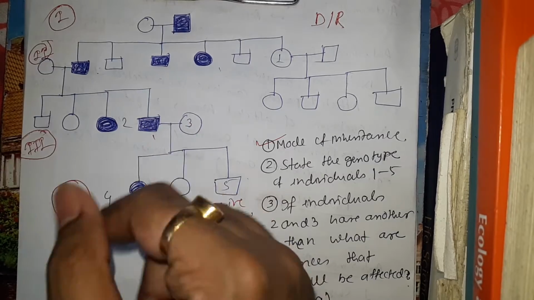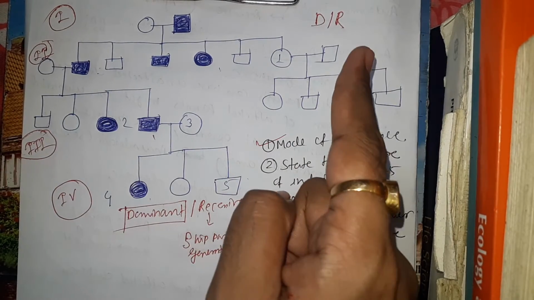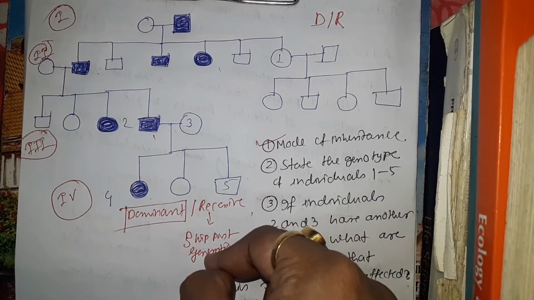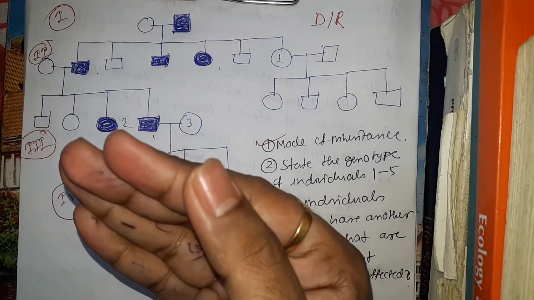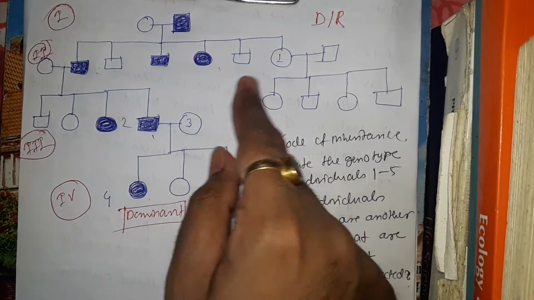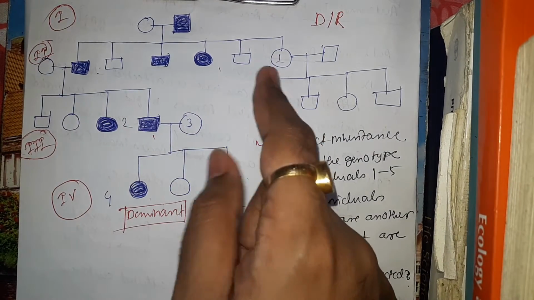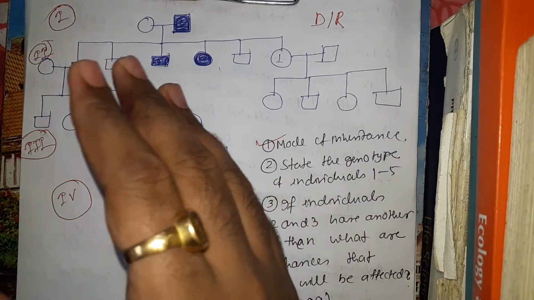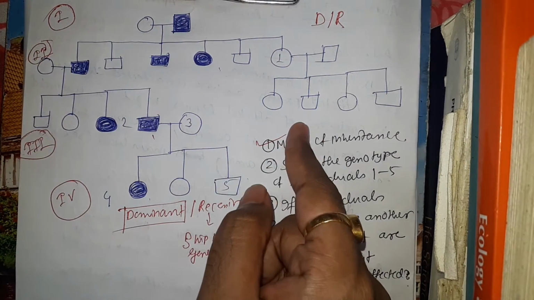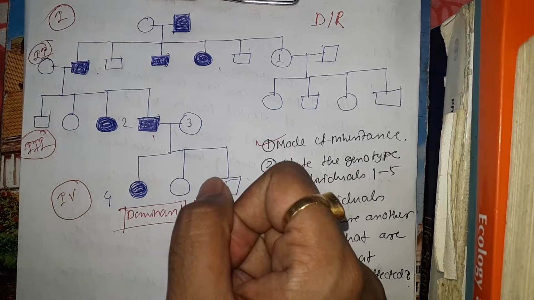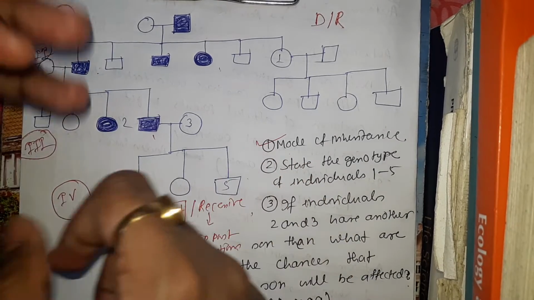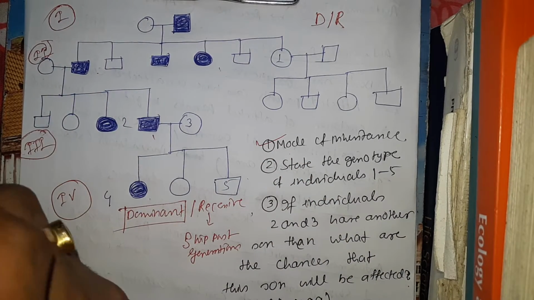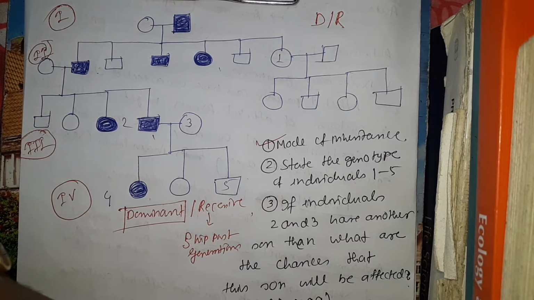Why is that so? Because I have told you that in case of recessive types there will be skipped generations. So it is obvious that in the previous generation the trait is not shown, but in the next generation the trait expresses itself, and that is the reason autosomal recessive type shows things like that.